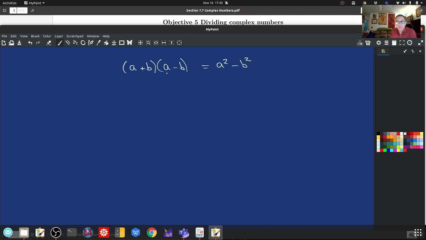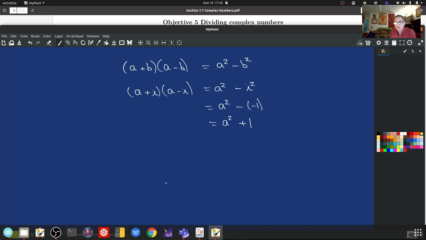So now let's replace b with i. a plus i times a minus i is a squared minus i squared. But that's a squared minus a minus 1, which is a squared plus 1.